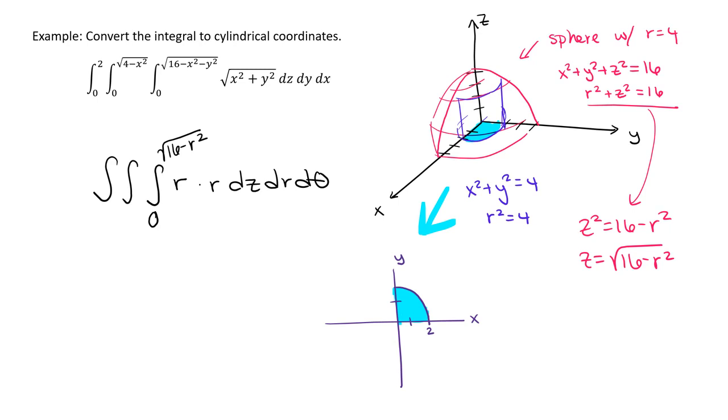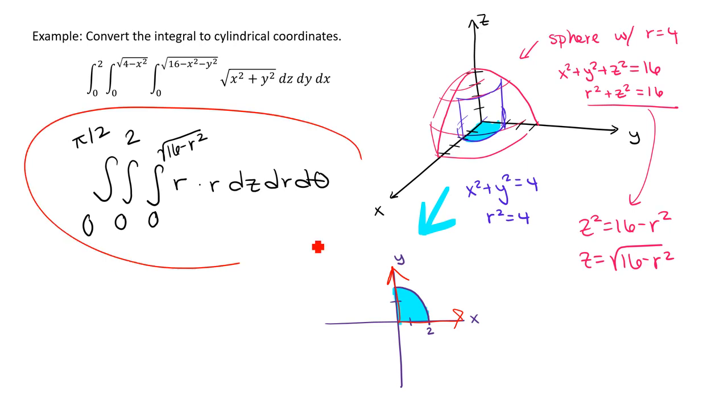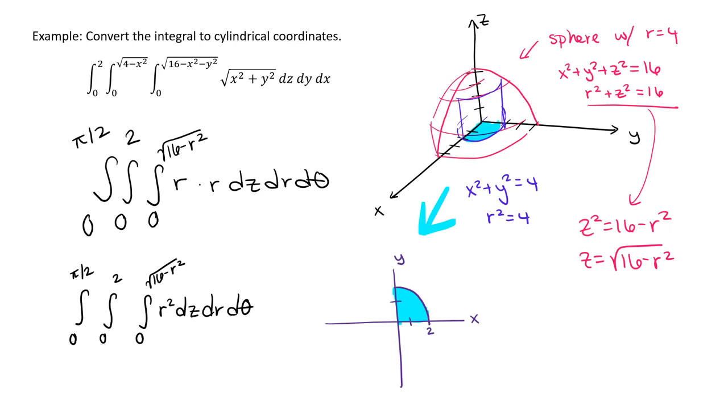That's just in the first quadrant. So that means my r values, the radius values, go from 0 to 2. And the angles, the theta, start at theta equals 0, and we stop at that 90-degree angle, or pi over 2. And so there's my integral written in cylindrical coordinates.